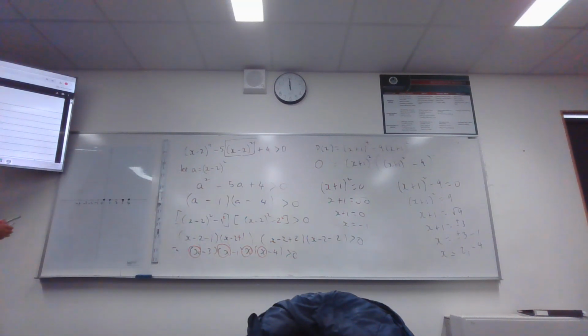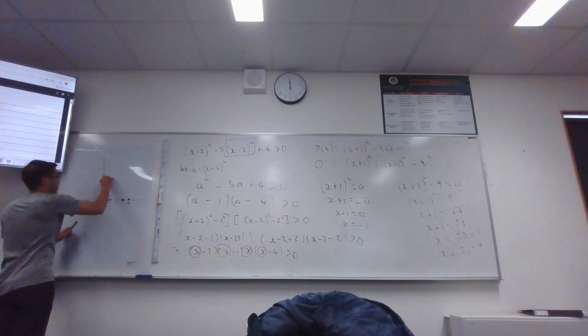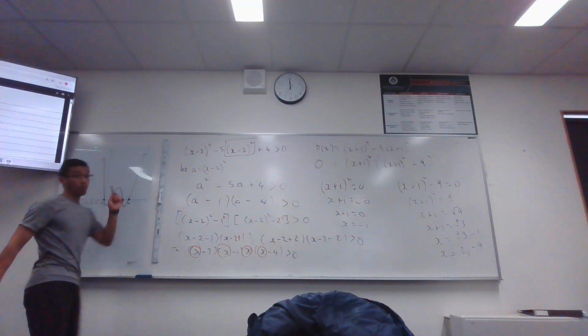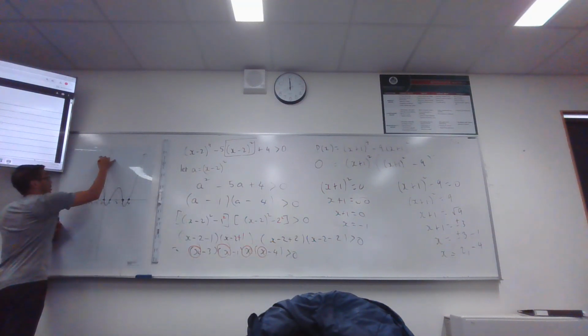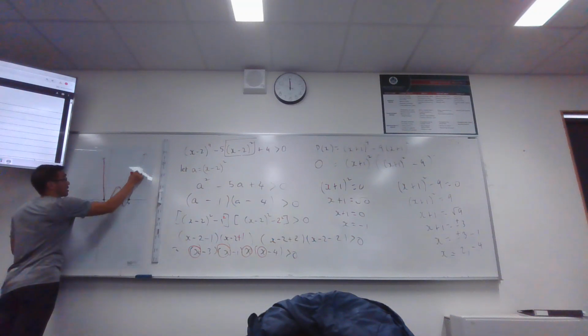So it's going to be a normal quartic. It's going to do this. Cut through, cut through, cut through, cut through. We're only interested in greater than 0, which is this bit, which is above sea level, there, there, and there.